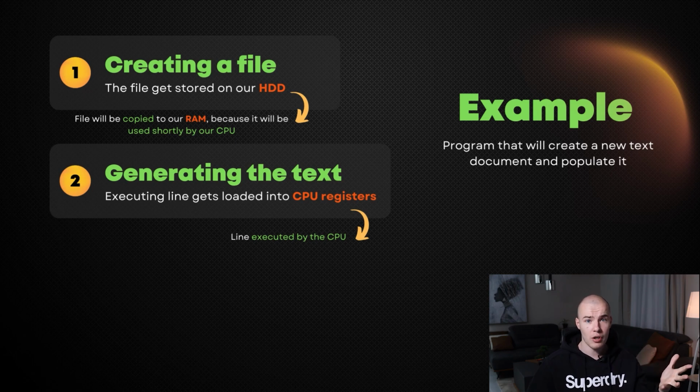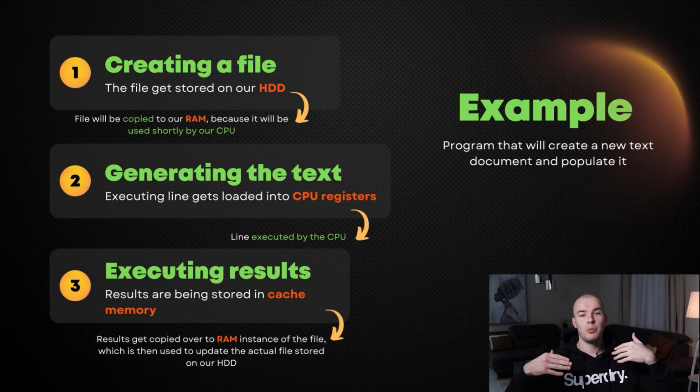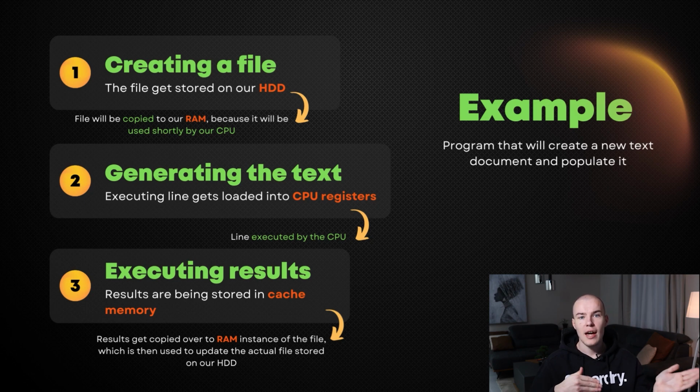And when that is going on, the results of that process are again going to be saved in the accumulator register, and then from the accumulator they're going to be transferred to cache memory, and again from cache memory we are going to be able to update our text file and have the updated version in the RAM memory and save it on our hard disk drives.